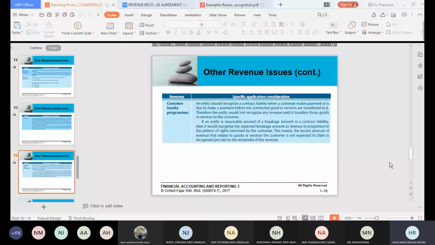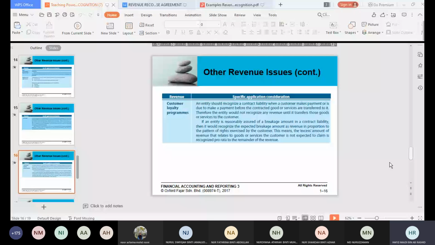So it might get, for example, further benefits from the contract, which the other people might not be able to get without having that contract. So you need to differentiate. Those who have this contract can get some future benefit from the contract itself. Those who do not have a contract might not be able to enjoy such a benefit in the future.